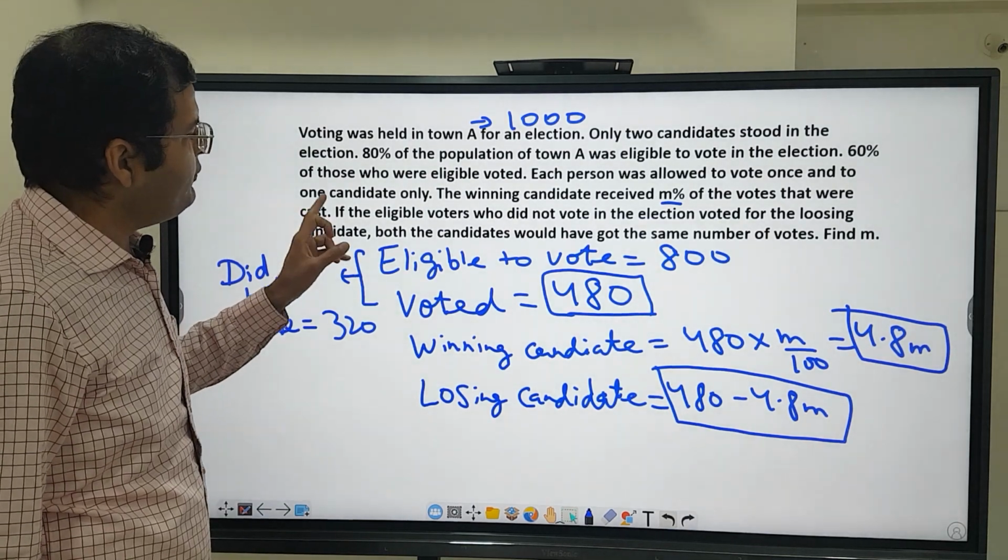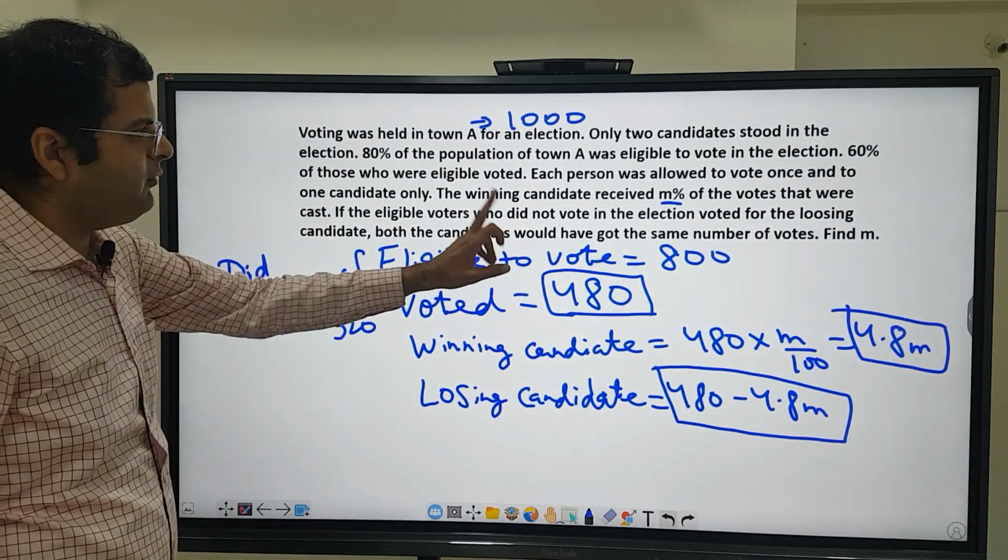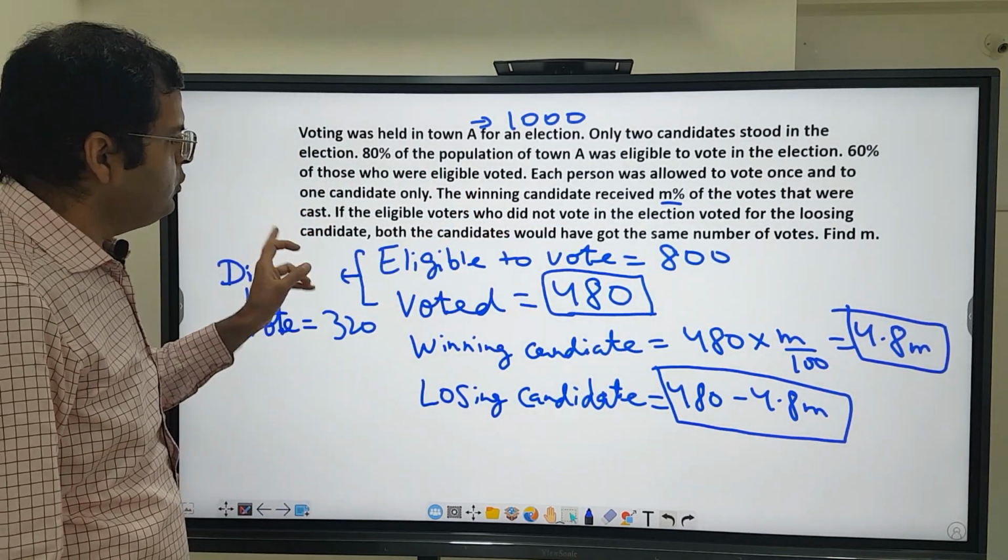Now it says if those 320 people who did not vote in the election voted for the losing candidate.